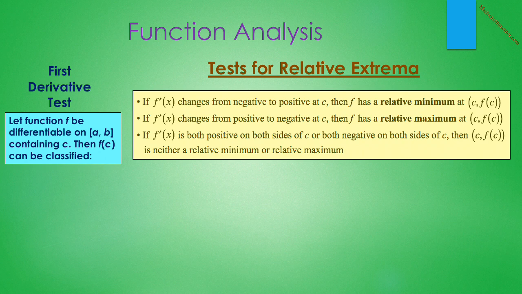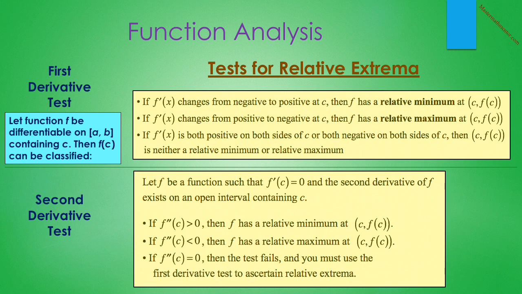If f prime of x changed from positive to negative at c, then f had a relative maximum at x equals c. And if f prime of x was positive on both sides of c or negative on both sides of c, then that point was neither a relative minimum nor a relative maximum.